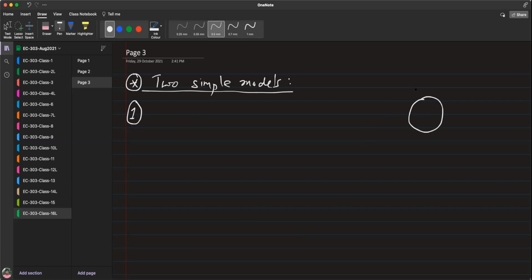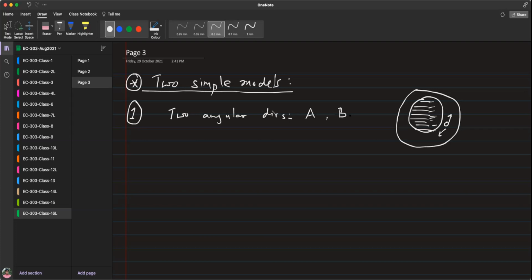Remember, in this experimental system, there was this angular arena, right? And animals could go in one of two directions. Let's call the two angular directions A and B.